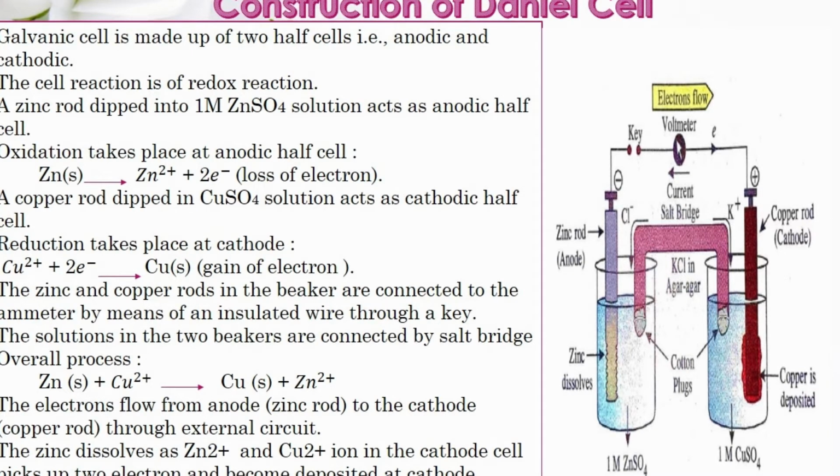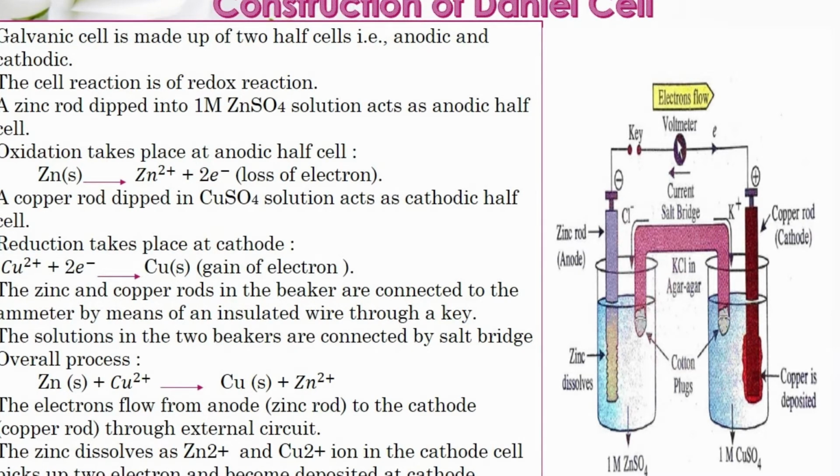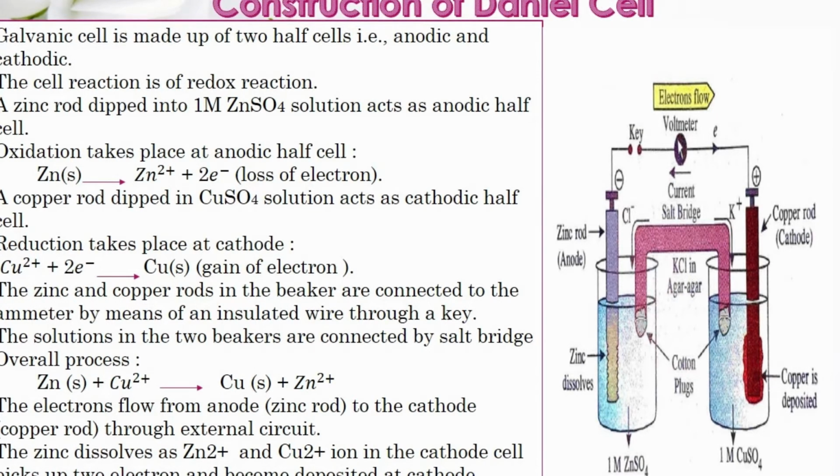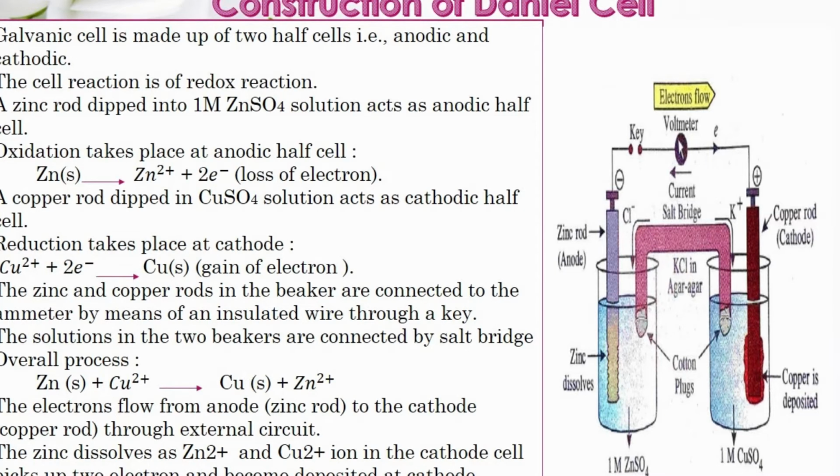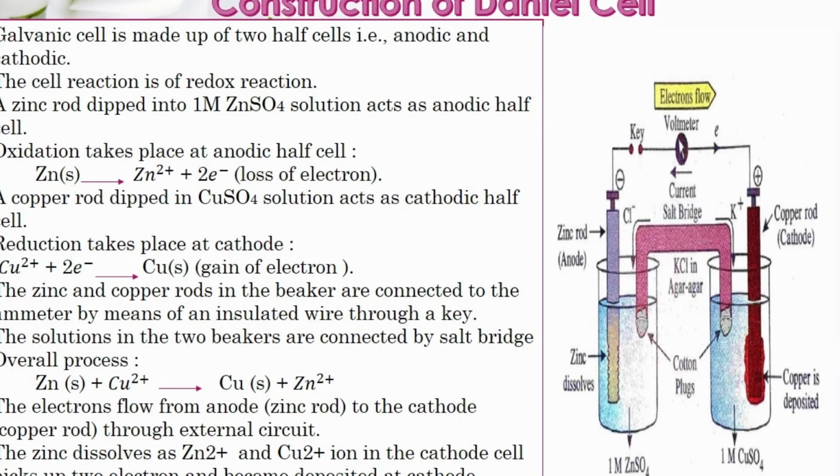And the fifth observation is that there is a flow of current in the external circuit, which is observed using the voltmeter. This is because the zinc electrode, where electrons are released or where oxidation takes place, we call the anode. And the copper electrode, where electrons are accepted or where the reduction reaction takes place, we call the cathode.